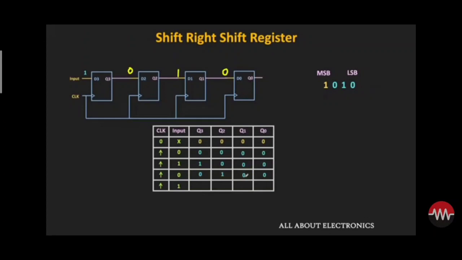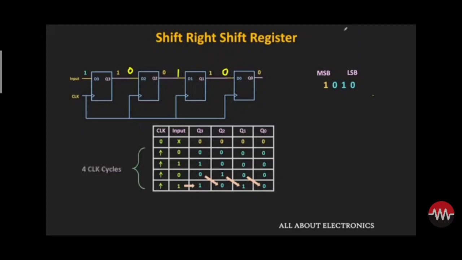So now at the clock edge, once again, all the 4 flip-flops will respond to their present inputs. That means just after the clock edge, the output of this first flip-flop, D3, will become 1. And likewise, the outputs of D2, D1 and D0 will become 0, 1 and 0. And whatever data was earlier stored in this D0 will get discarded.